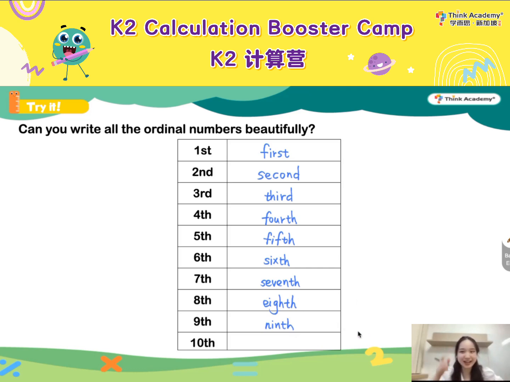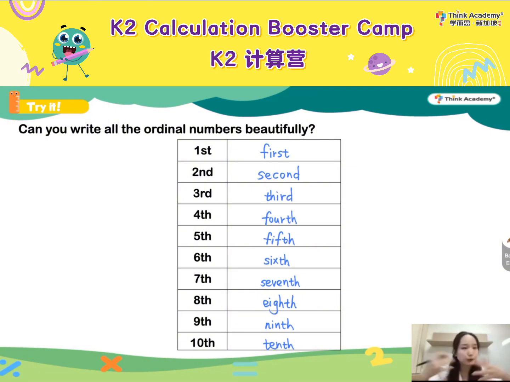You first spell 10, T-E-N, and adding the little tail as T-H. Amazing job. So in your homework, you also need to practice writing all these words for ordinal numbers. Can you make that promise? Amazing job. So let's continue.